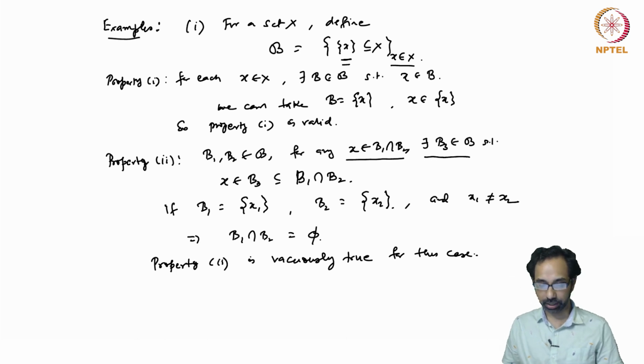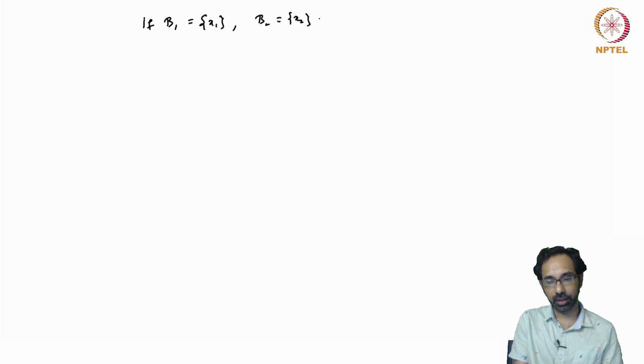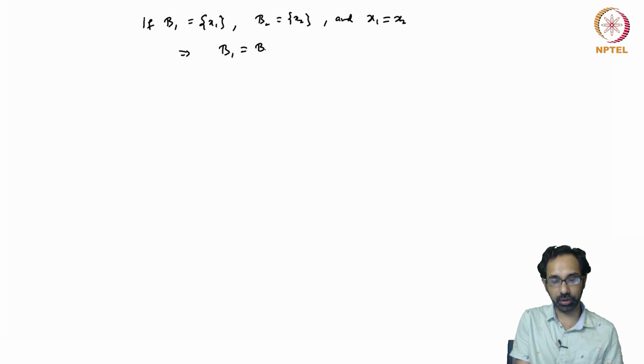And if X1 is equal to X2, then B1 intersection B2 is the set itself. So they are the same. If B1 equals {X1} and B2 equals {X2}, and X1 is equal to X2, well, this implies that B1 is equal to B2.